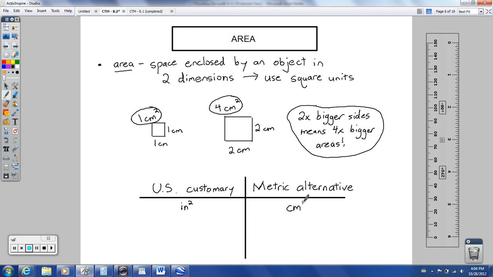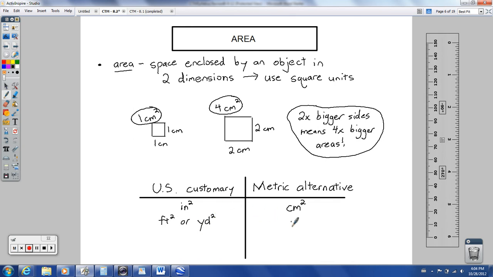So the metric alternative is centimeters squared. That's a little smaller because an inch is bigger than a centimeter, but centimeters squared is a similar sort of measurement. That's what you'd use for relatively small things. You could say feet squared or yards squared in the US customary system.